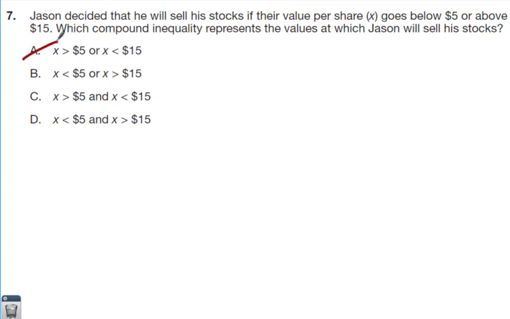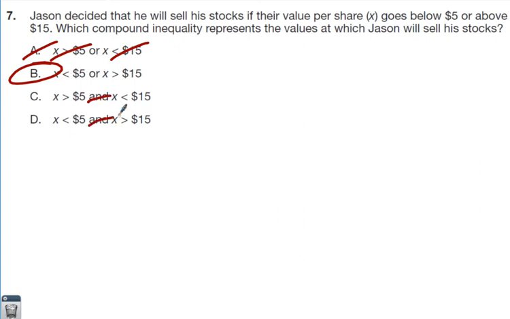Well, it's not this, because this doesn't mean that. And that's not above 15 either. So below 5 or above 15, it's going to be B, because they specifically use the word or, and these are ands.